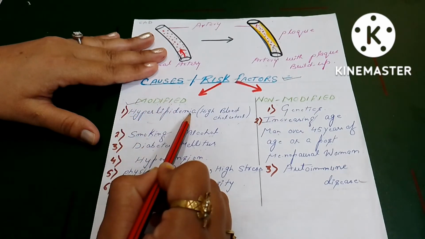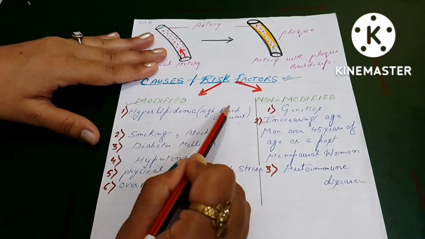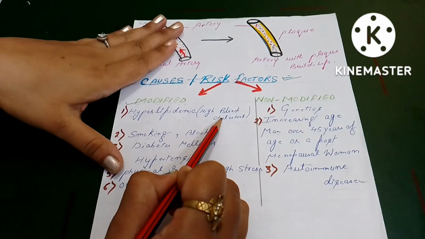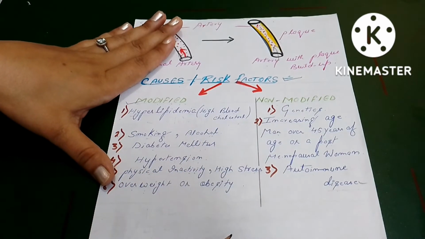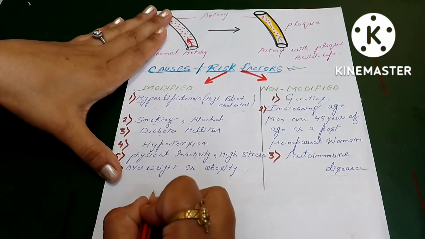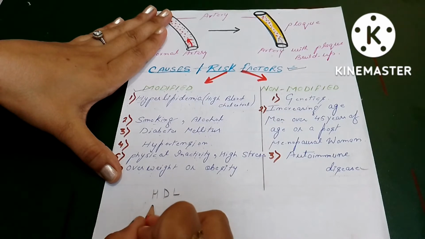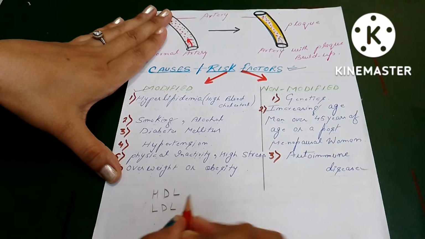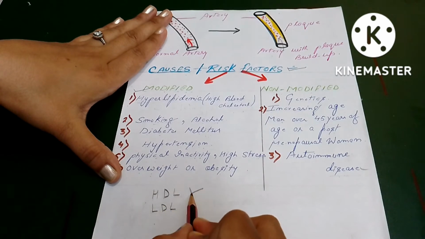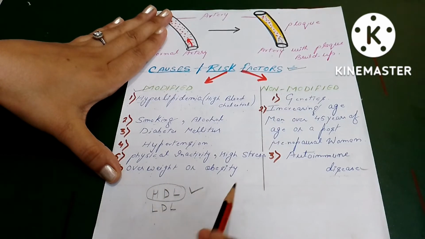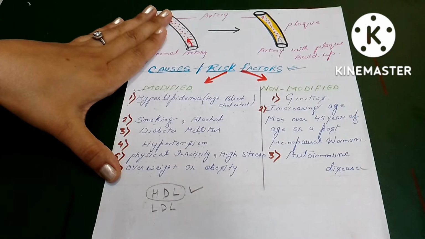In hyperlipidemia, if there is a high cholesterol level in our blood, there are more chances of coronary heart disease. There are two types of lipoproteins present in our body. One is called HDL cholesterol, high density lipoprotein, and the other is called low density lipoprotein. HDL is good cholesterol. If the amount of HDL increases in our body, it will be beneficial.